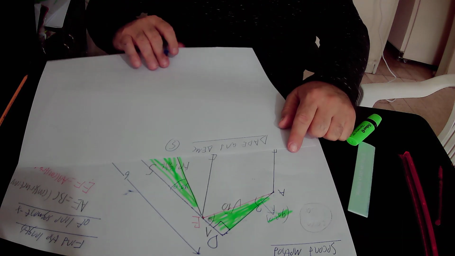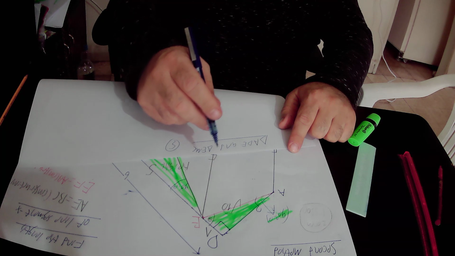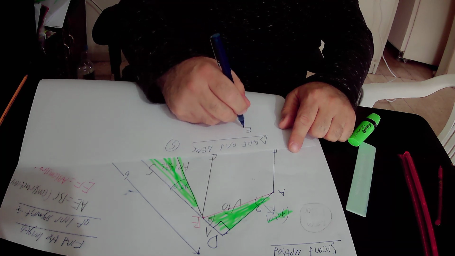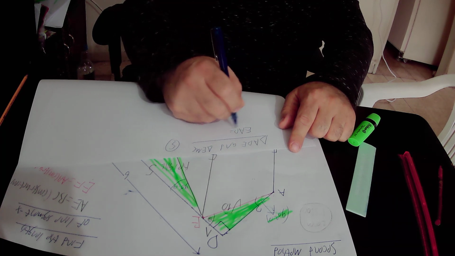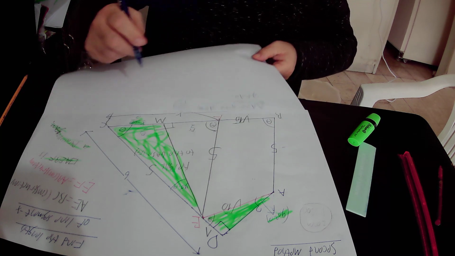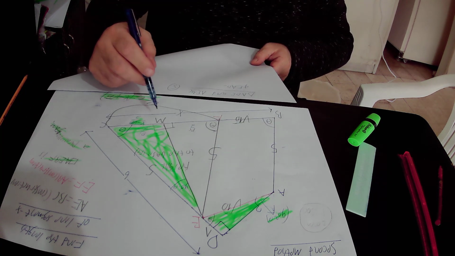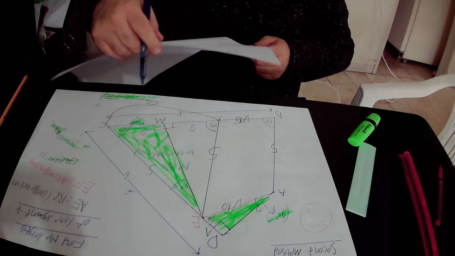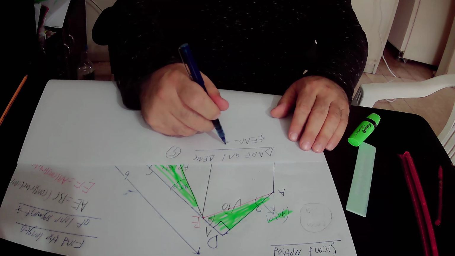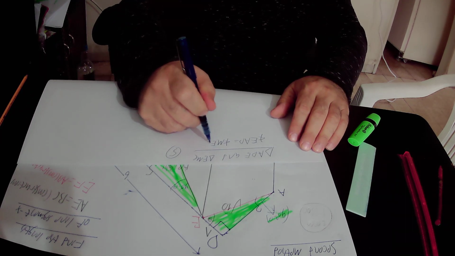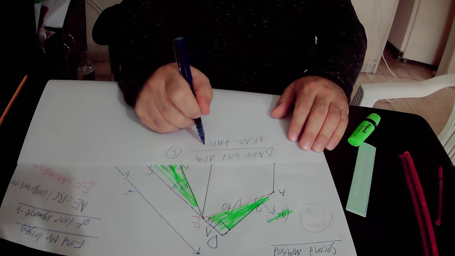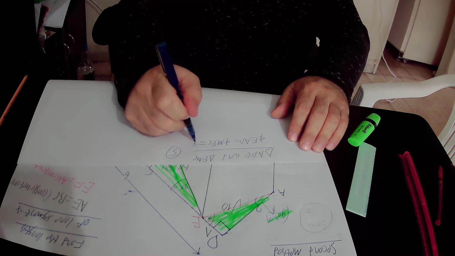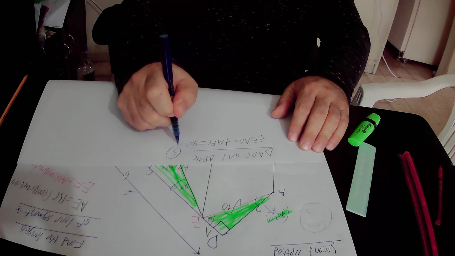First of all, angle EAD equals angle MEC, this angle, and both those angles are equal to 90 degrees minus theta, therefore they are equal to each other.